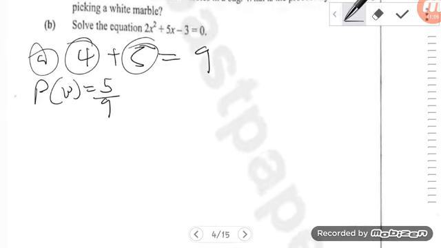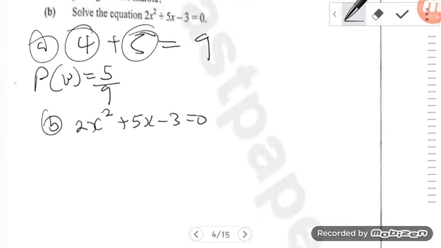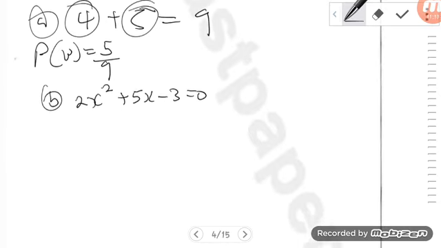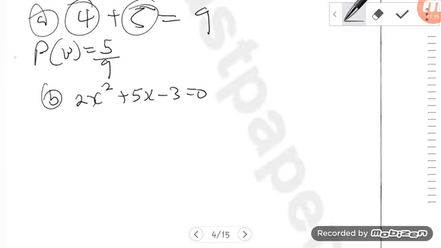Solve the equation. That is B. 2x squared plus 5x minus 3 is equal to 0. We are going to use the factor method. Now we need to find our sum, our product, and our factors.